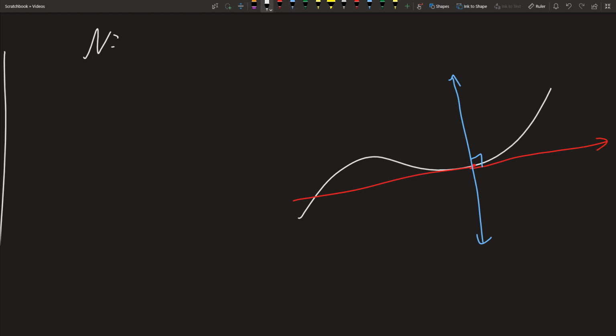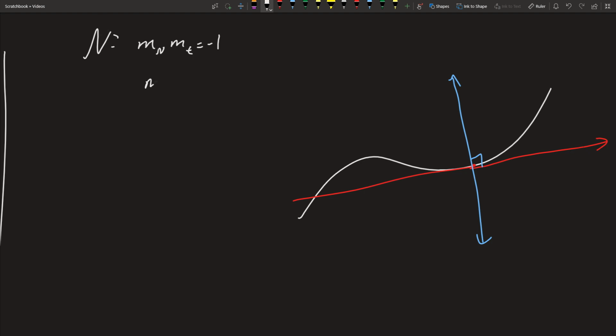We know that the slope of the normal times the slope of the tangent is equal to -1. This means that if two lines are perpendicular, the product of their slopes is -1. I'm not going to prove why, but just memorize it.